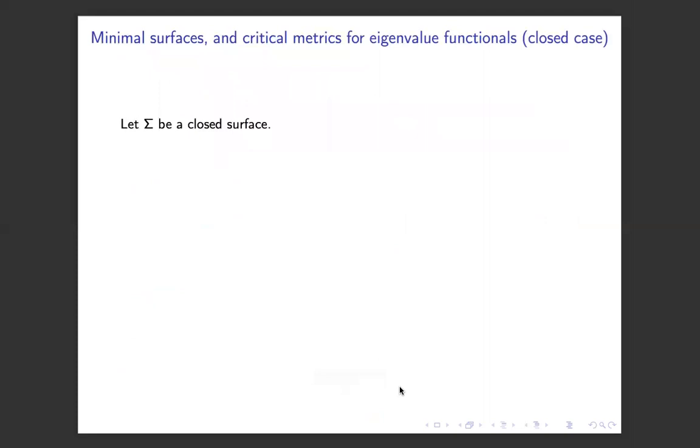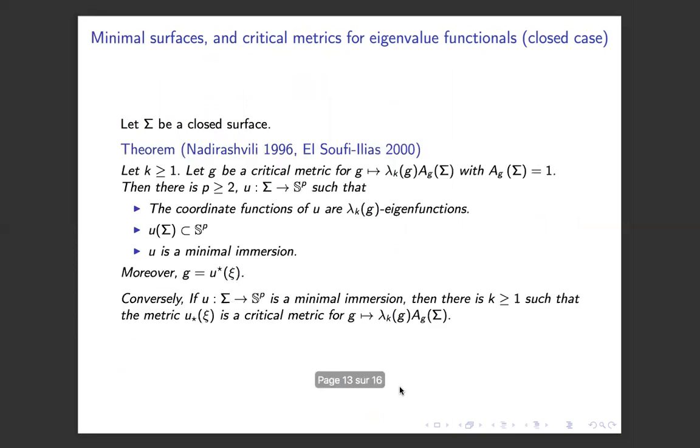In the 90s, Nadirashvili noticed, and El Soufi and Ilias for higher eigenvalues, that if we look for critical metrics for Laplace eigenvalues, then the Euler-Lagrange equation associated to this criticality gives you minimal immersions into some spheres.